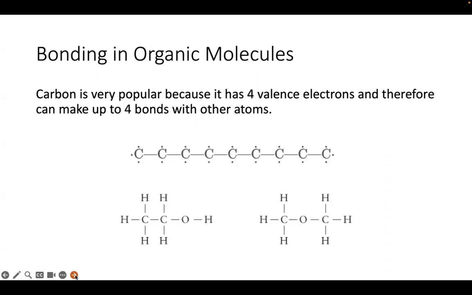If I have a carbon-carbon bond here, I can have 3 more things attach off of this terminal carbon. The middle carbons are each attached to their own other carbon on each side, so they can have 2 other things attached. And down here I have examples where this carbon is connected to another carbon in the chain, as well as an oxygen, and then a hydrogen is filling in those remaining bonds.